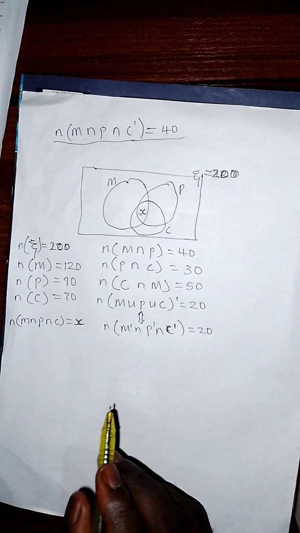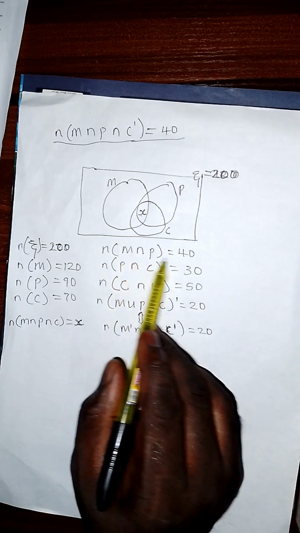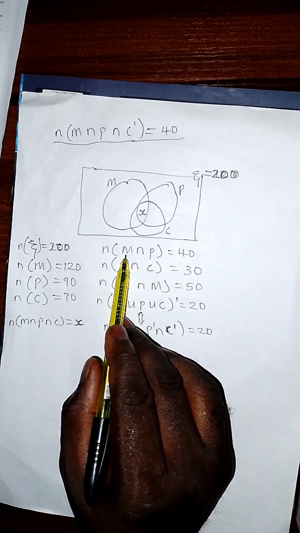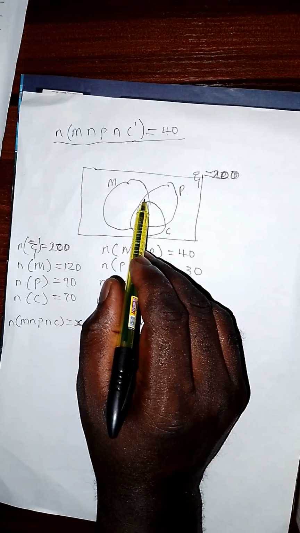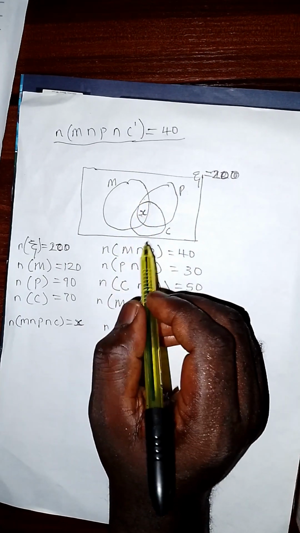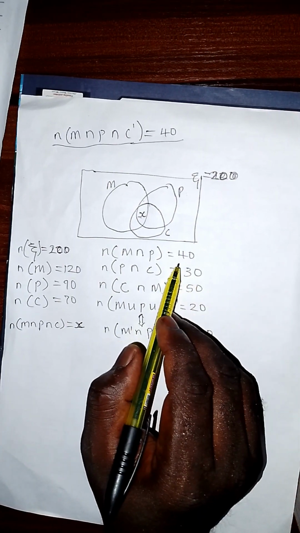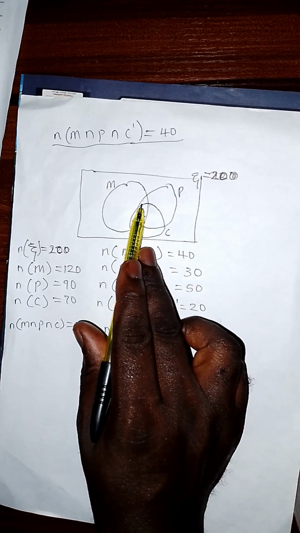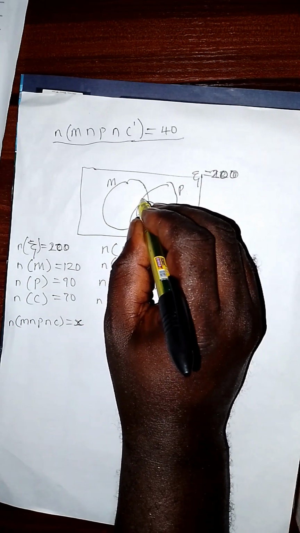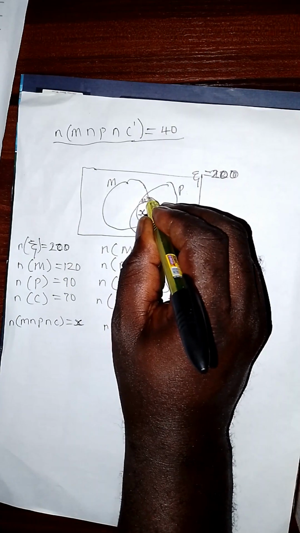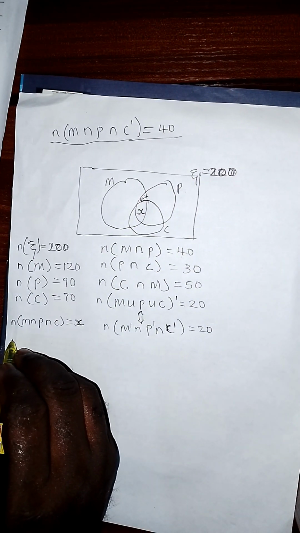Now, quickly, if I want to find the number of students that offer mathematics and physics only, what do I do? I'll just simply come here and say, so it will now be this minus this. So it will be 40 minus X. Let me show you.